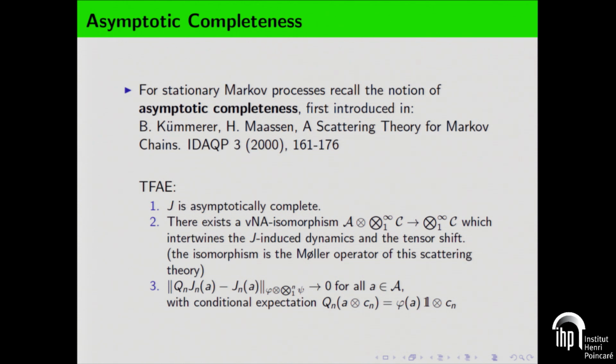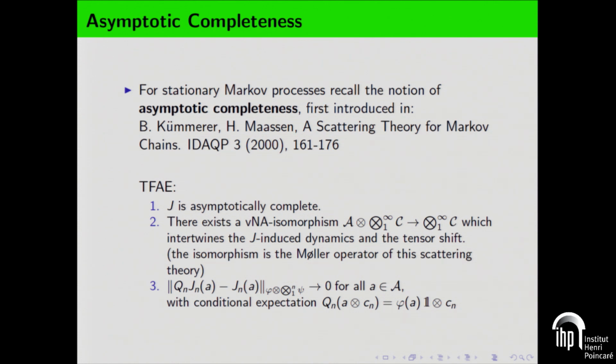Let me just give you the idea of asymptotic completeness of this scattering theory. Some equivalent conditions which characterize that. So 1, J is asymptotically complete. 2 is the reason why it's called asymptotically complete.